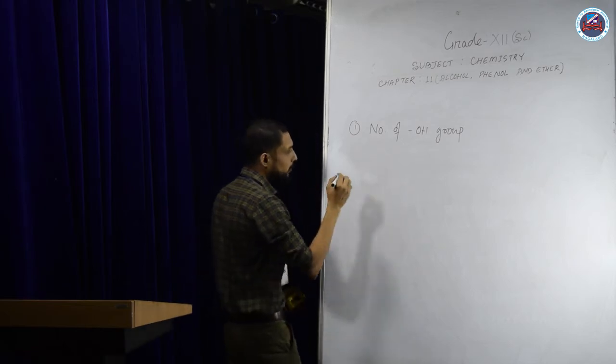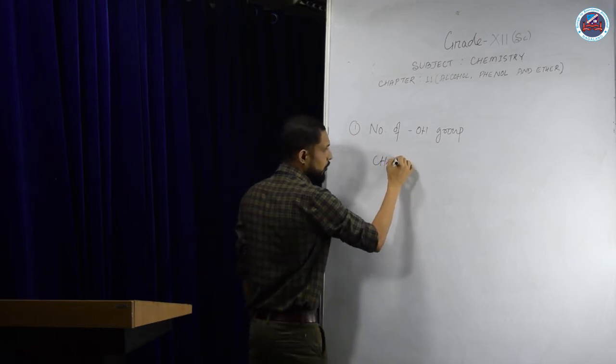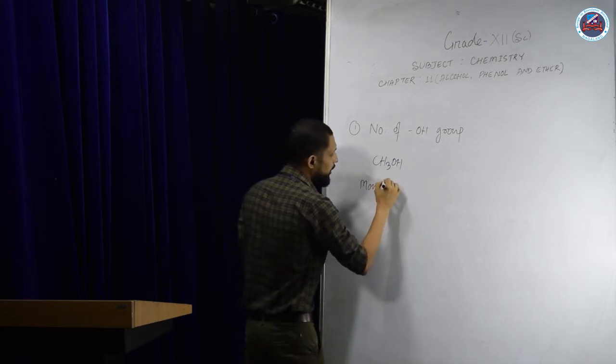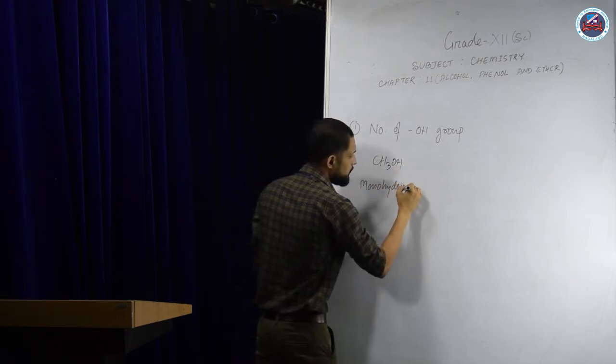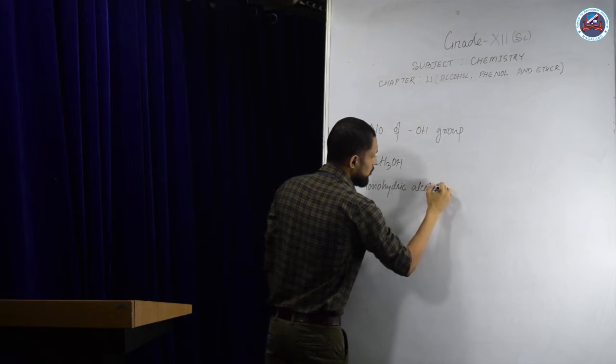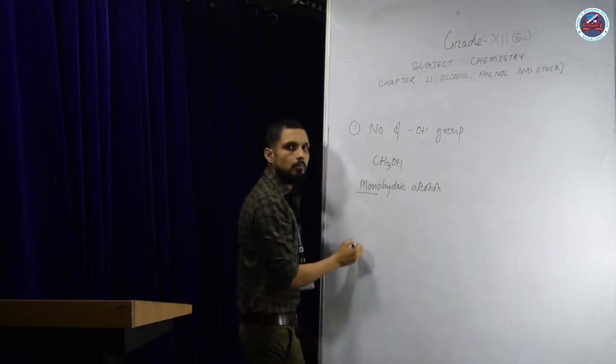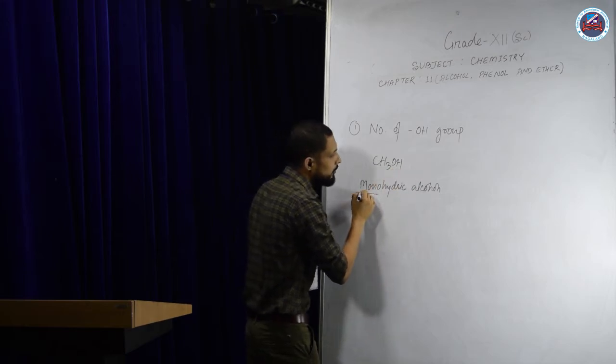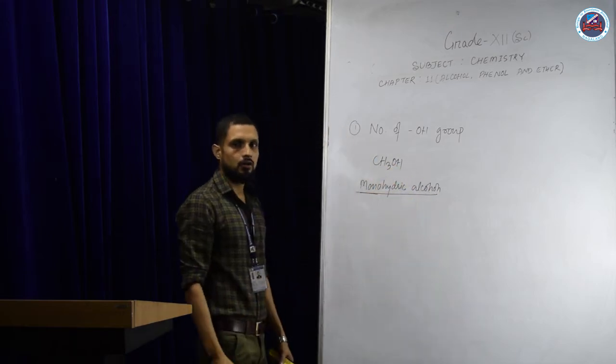If we have one OH group, say CH3OH, it is known as monohydric alcohol, where mono means one. So since you have one OH, it is known as monohydric alcohol.